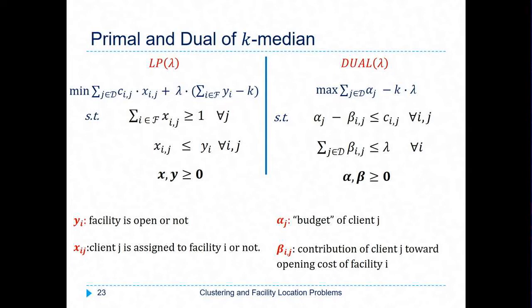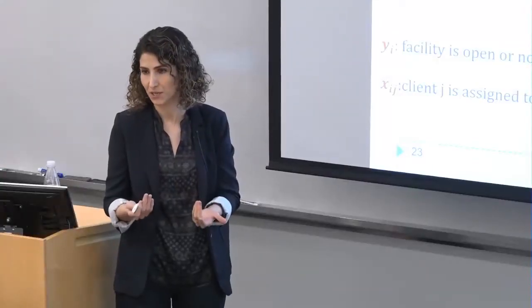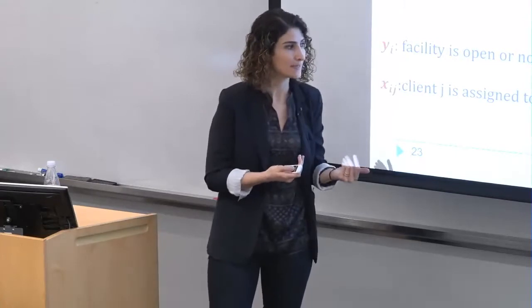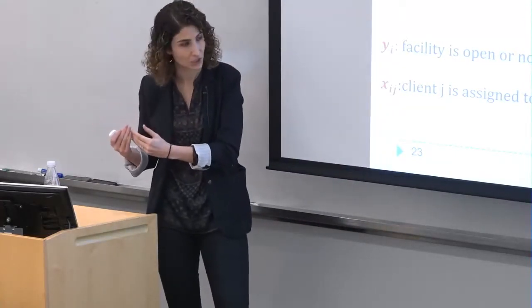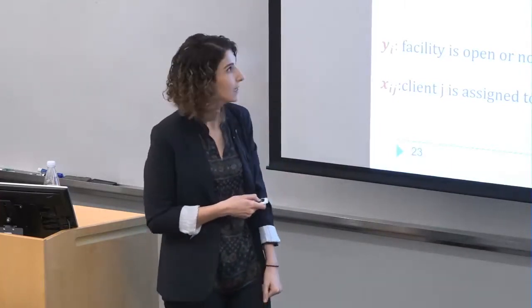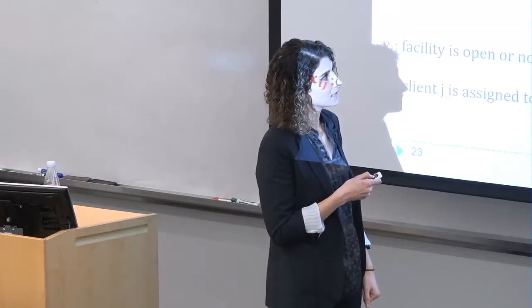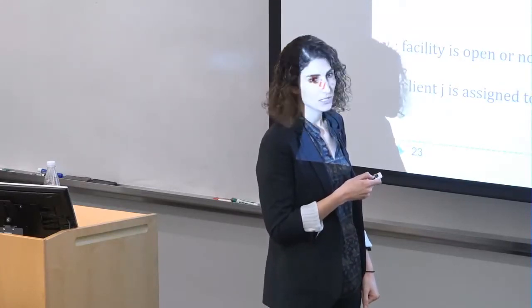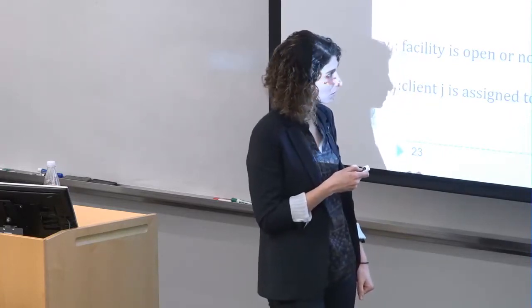So we have the alpha j variable, which basically says what is the budget of client j. And we have the beta ij variable, which says what is the contribution of client j toward the opening cost of facility i. Now, in the dual, we are maximizing the sum of the budgets of the clients. This is just a constant term, so you can ignore it.